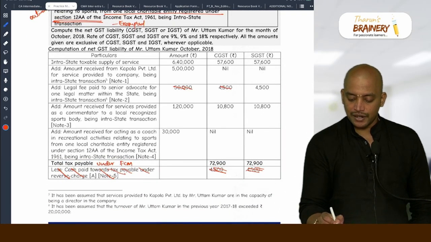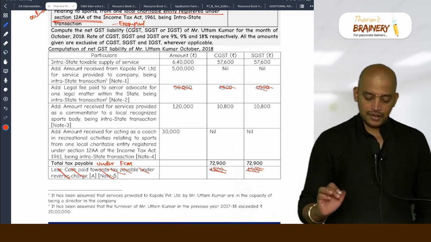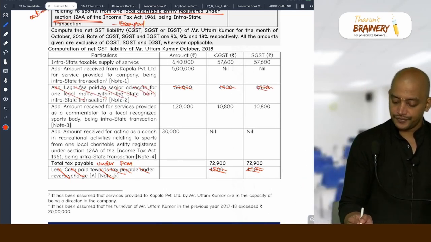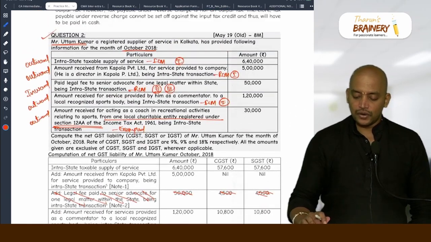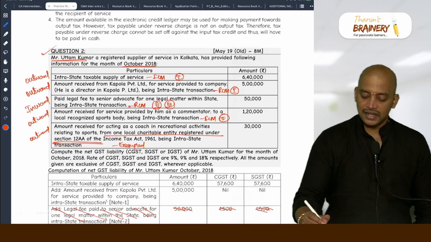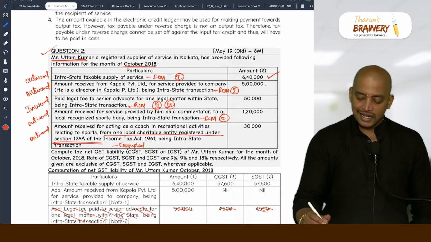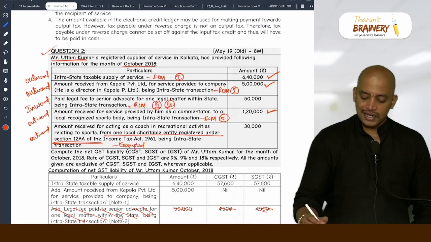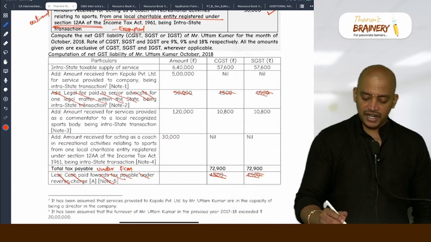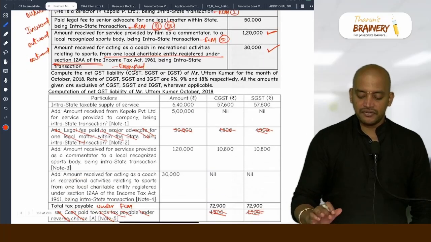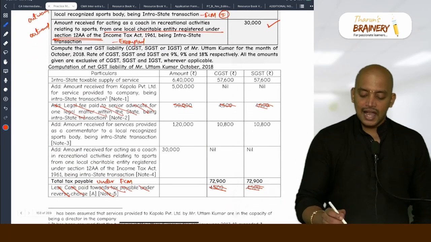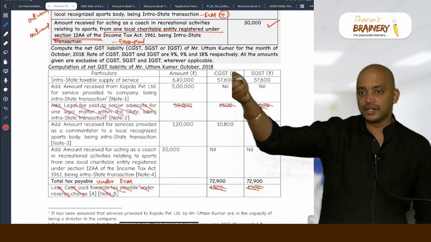So this also should not come here. See this, 6,40,000, only 3 supplies here. Listen here, please. 6,40,000, then 5 lakhs, and 1,20,000, and 30,000. In that 6,40,000, their liability is 57,600, and the 5 lakhs is nil because the recipient will pay.